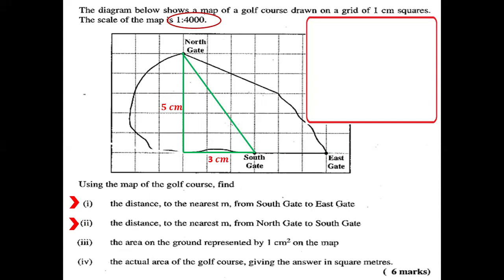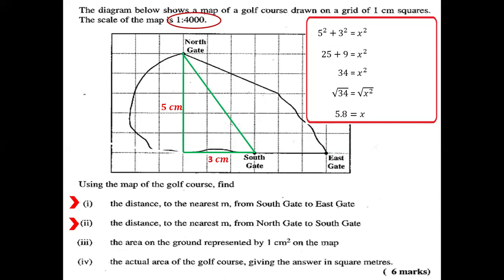Now, we can apply Pythagoras to this, and it's 5 squared plus 3 squared equal to the side that we're looking for, in this case the longest side, x squared. 25 plus 9 equals x squared, and we add those and find the square root of both sides, giving us x to be 5.8.